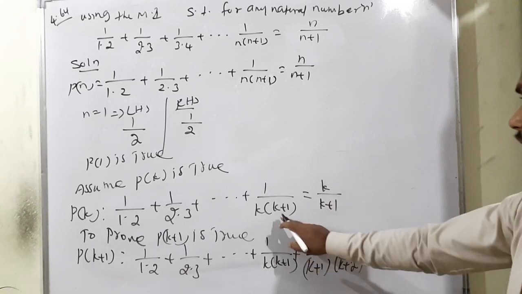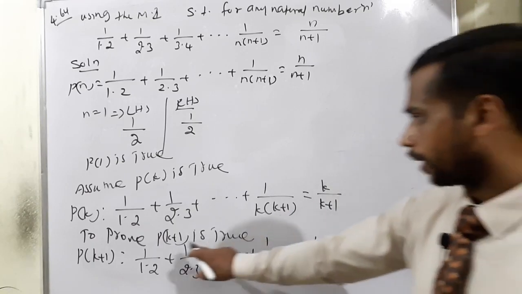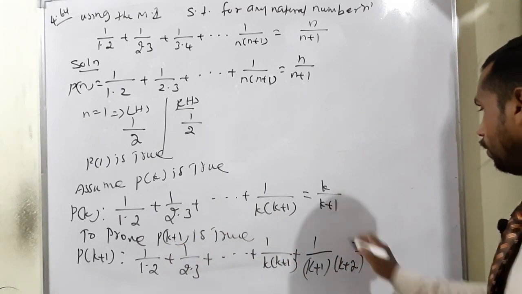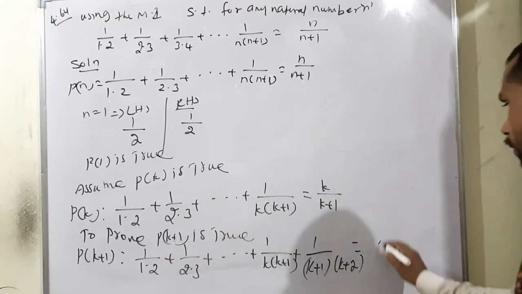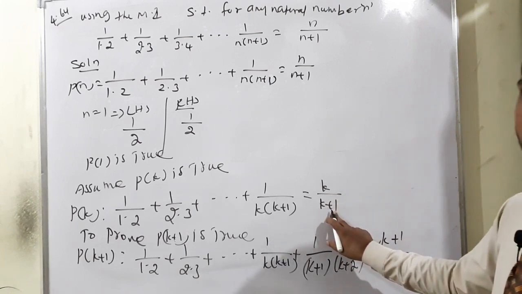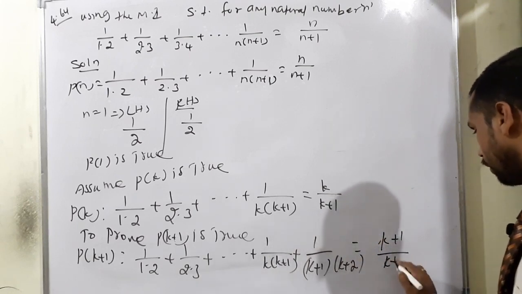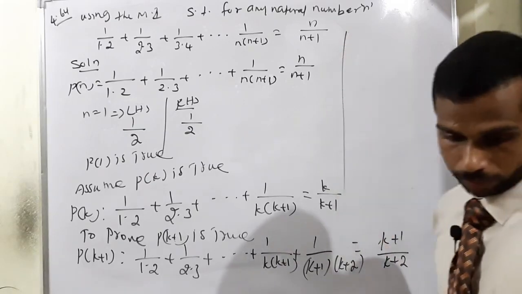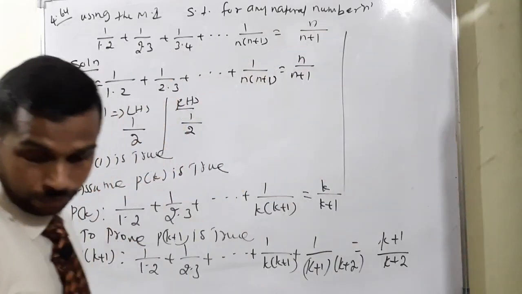You should note this because already plus 1 is there, here also plus 1, therefore plus 2 will come. It is equal to the opposite side, k plus 1 divided by, already the denominator has plus 1, therefore we can write k plus 2 will come. Now we have to prove LHS. What is the value of LHS?